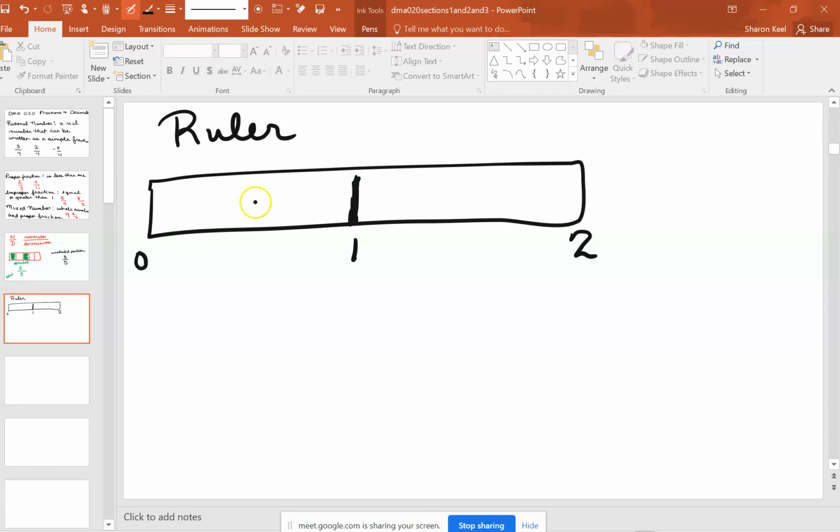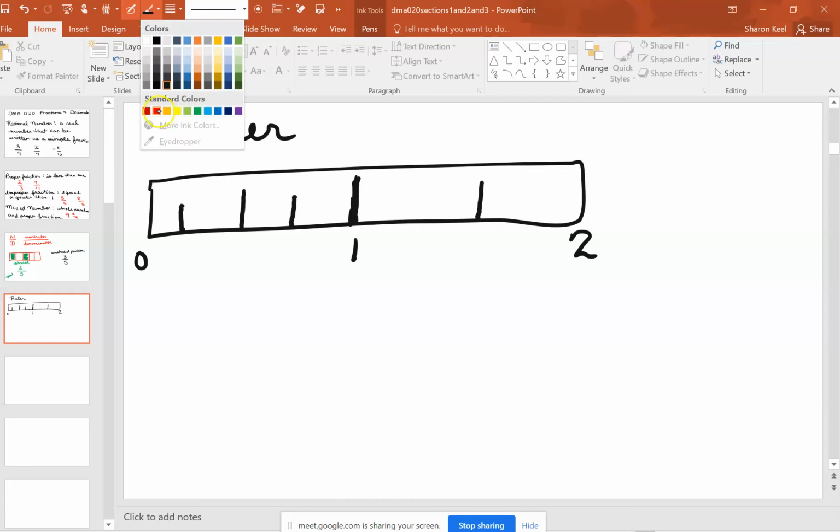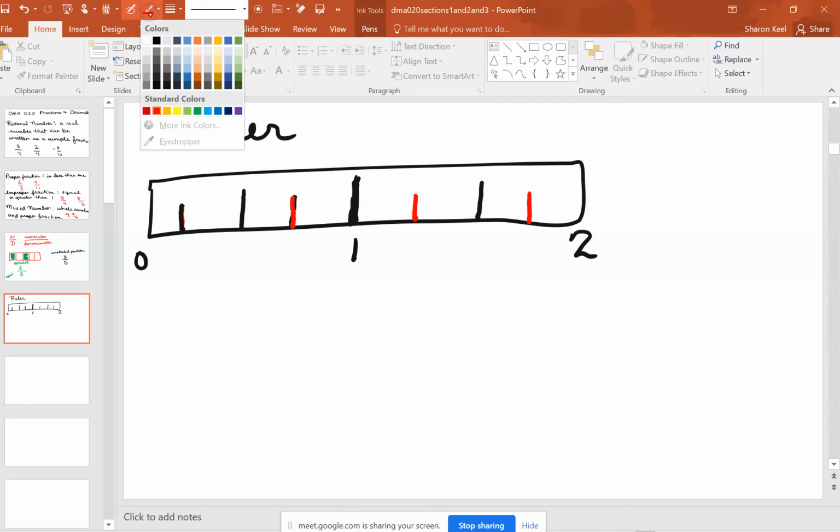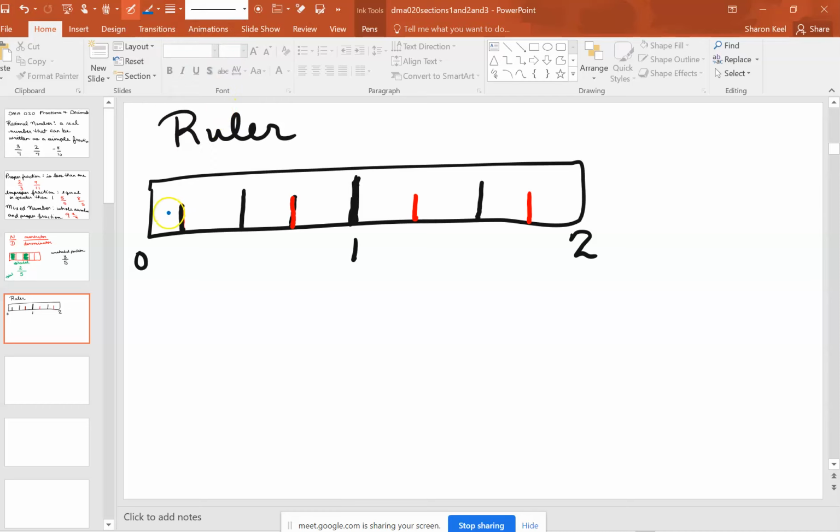So midway between each one, you would have another marking which would represent the half. Inside of each of those halves, you'll see another marking that would be representing, let me do it a different color. So the half is in the black. Here, we're going to make our quarters in the red. And then if we broke it down even smaller, let me use the blue, we can break it into eighths.